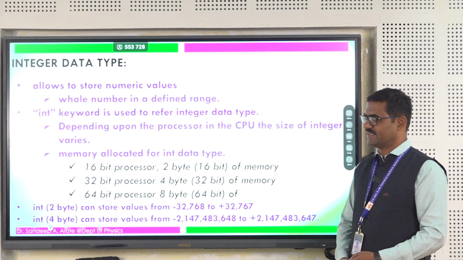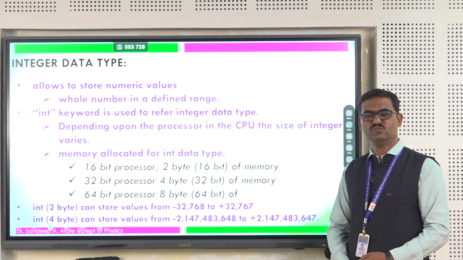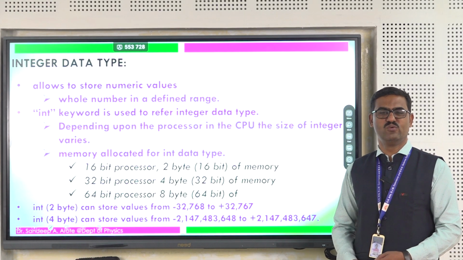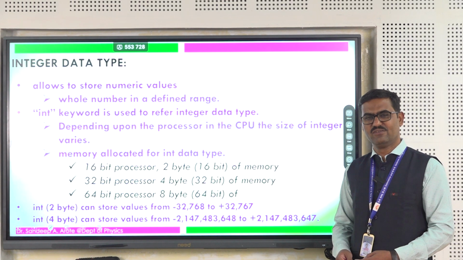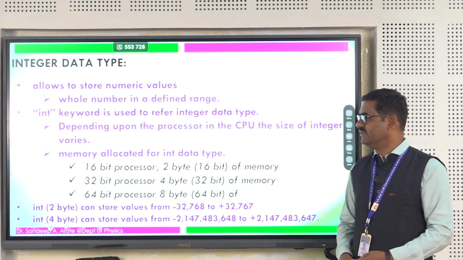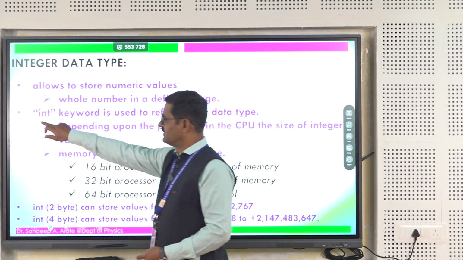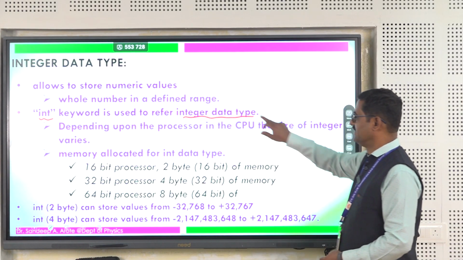Now, what is the integer data type? The integer data type allows a variable to take only integer values. If you define a variable of integer data type, that simply means the variable can take only integer values. The keyword int, in lowercase, is used to refer to the integer data type.